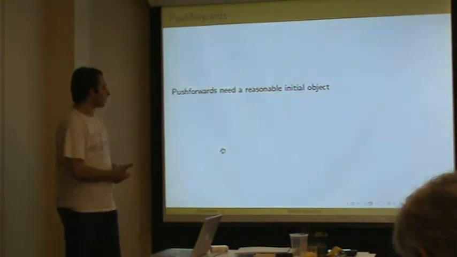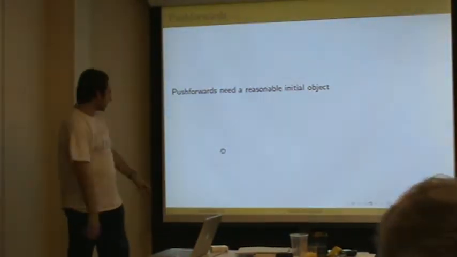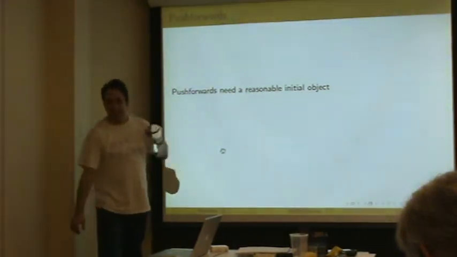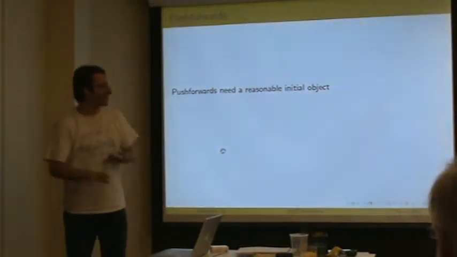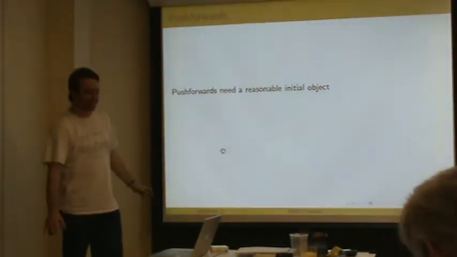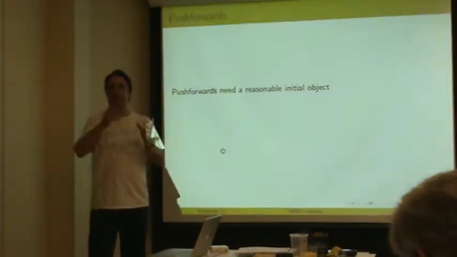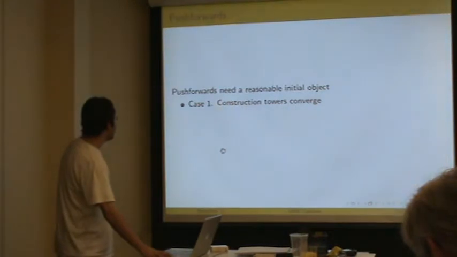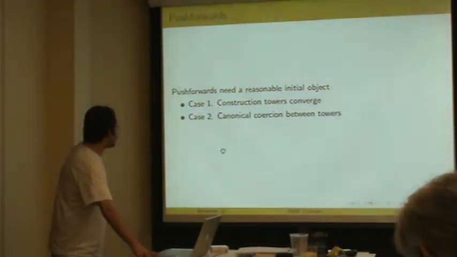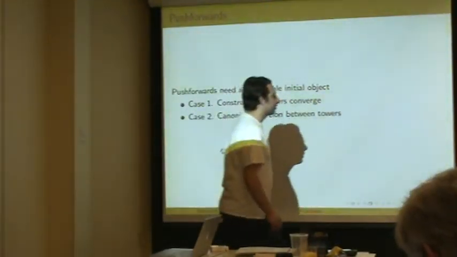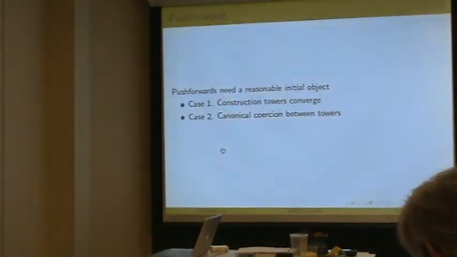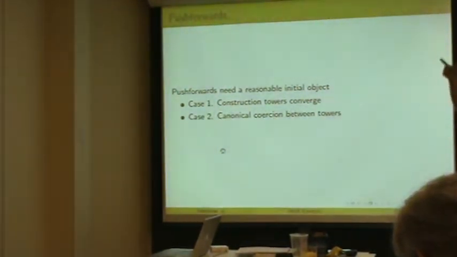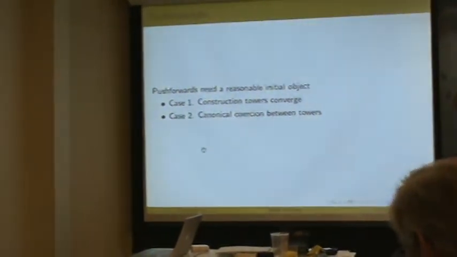So it's still a little bit fun thing to talk about push out. So you need an initial object to talk about a push out. The way we construct initial objects is we take our two things, look at the construction towers, and see if they ever converge.